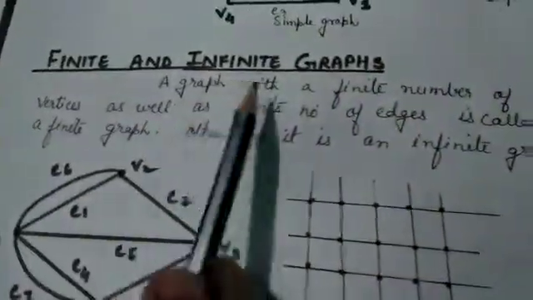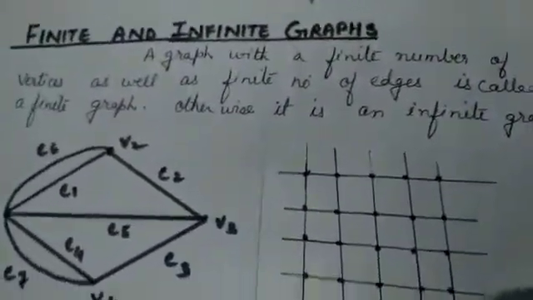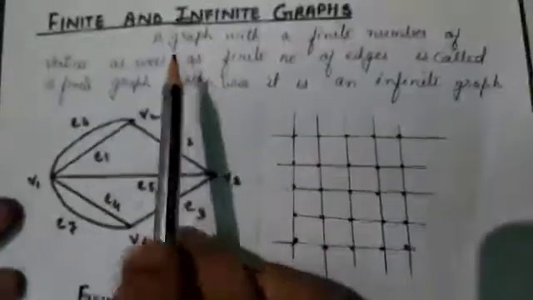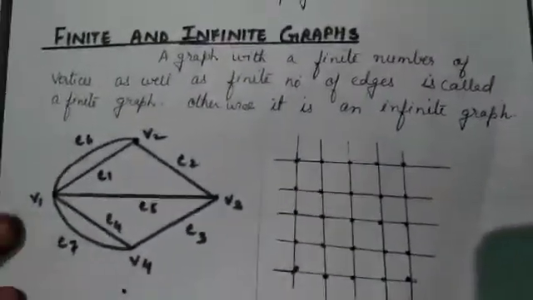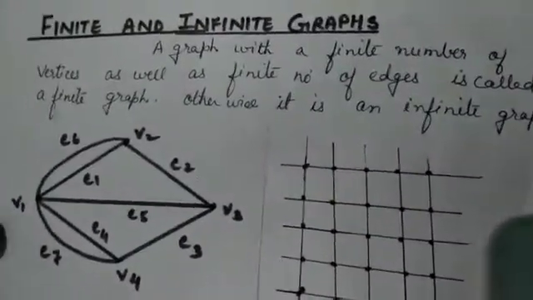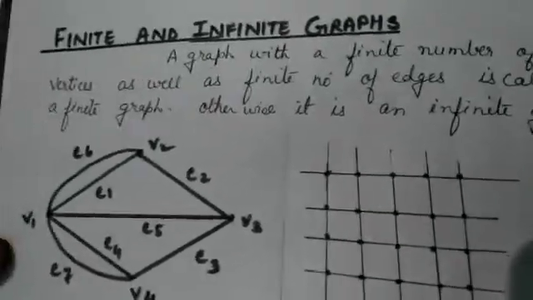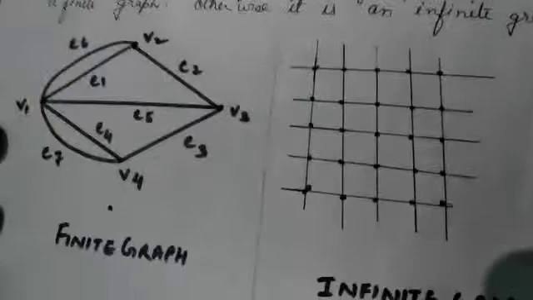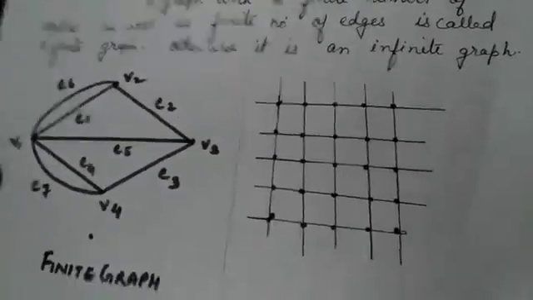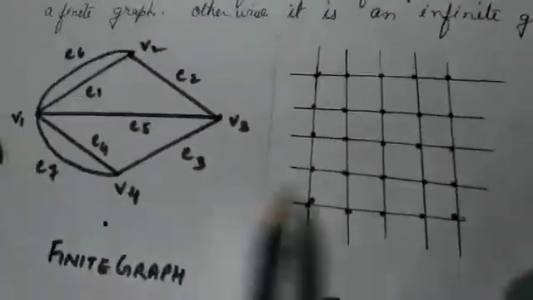Next is finite and infinite graph. As the name suggests, a graph with a finite number of vertices as well as a finite number of edges is called a finite graph. Otherwise, it is an infinite graph. Here you can see two figures.